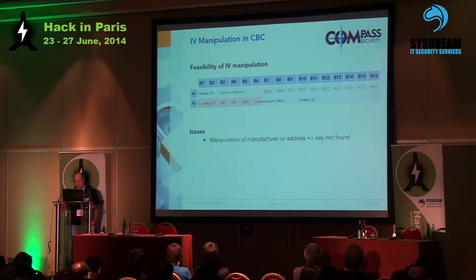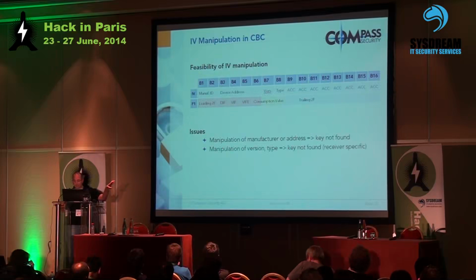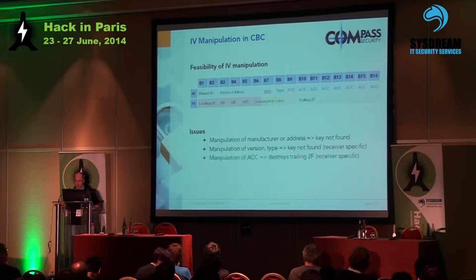The IV is built from that part. If we manipulate that part, then the counterpart receiving the packet can't find the correct key. So no good idea to manipulate over there. Version and type could be part of it, but I wouldn't use the version to actually look up the key, because if the version of the meter changes, bad idea. And we could try to manipulate the access counter, which is an indicator for the number of the message.